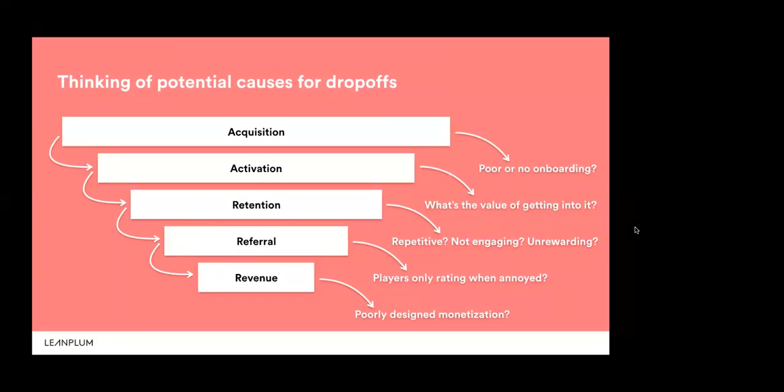And finally, after all of these steps and all of these potential drop-offs, we come to the revenue phase where, if you simply have, for example, a poorly designed monetization in place, things might be too expensive or people don't see the reason to spend, or you're doing subscriptions when the more popular model might be buying in-app purchases. All of that can fail and miss the mark entirely in trying to make money for your mobile game.